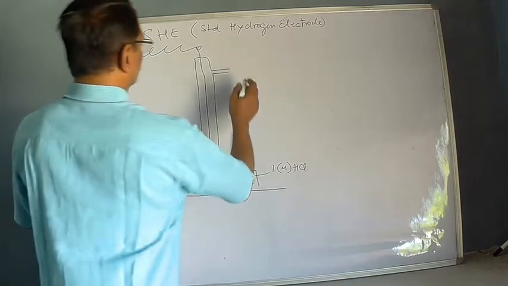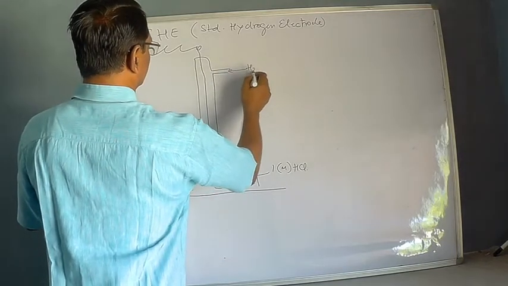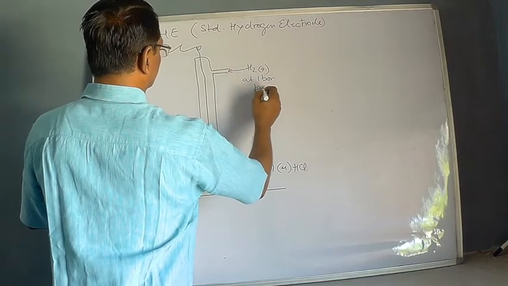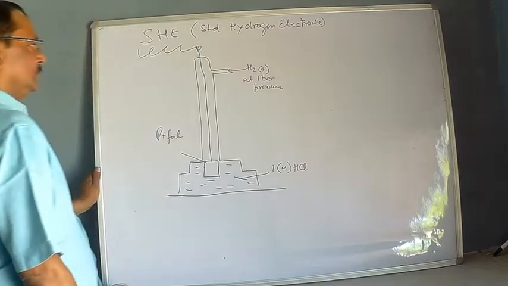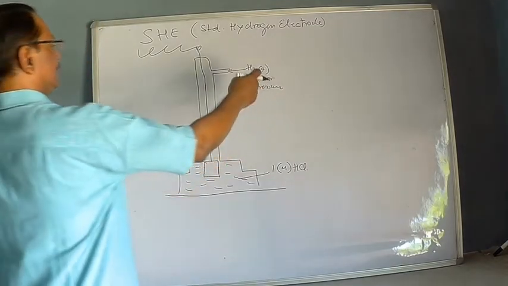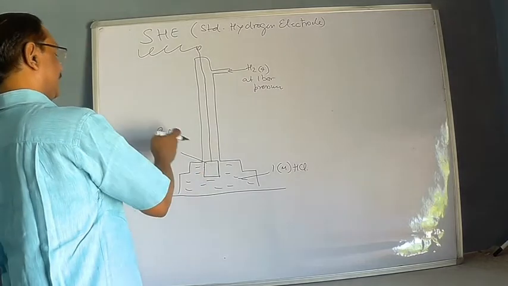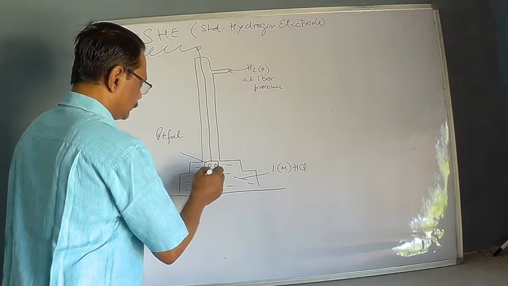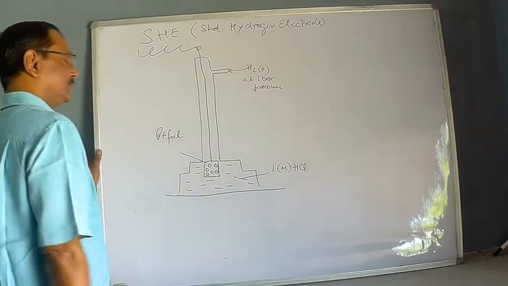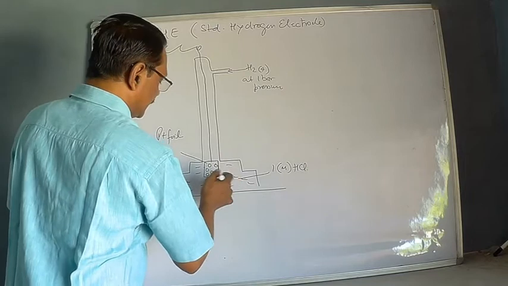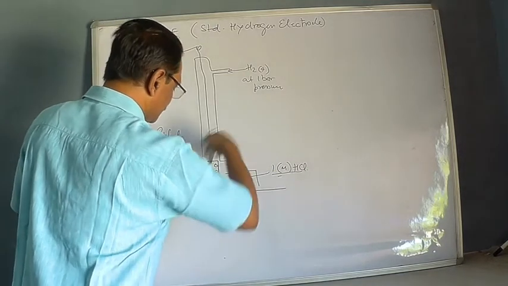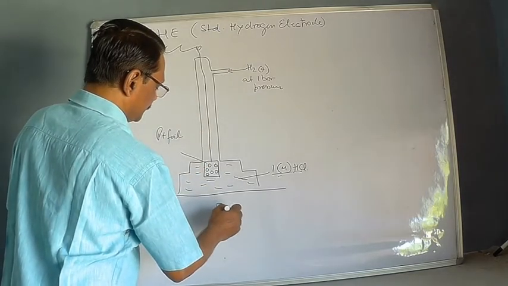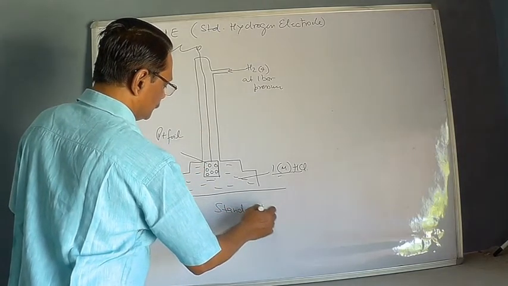What I am doing is passing hydrogen gas in the chamber at 1 bar pressure. So what will happen? This hydrogen gas will enter the chamber, and since platinum is a good adsorber of hydrogen gas on its surface, the hydrogen gas will be adsorbed on the surface of the platinum foil. And since this hydrogen gas has been suspended in 1 molar HCl, that constitutes the standard hydrogen electrode.